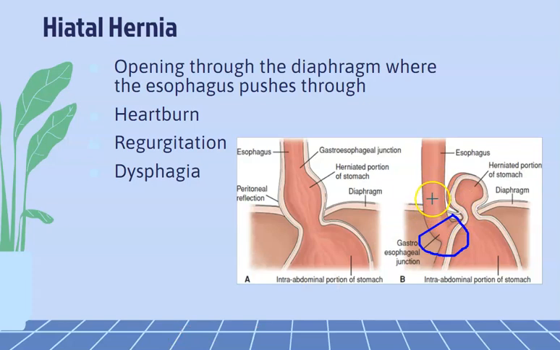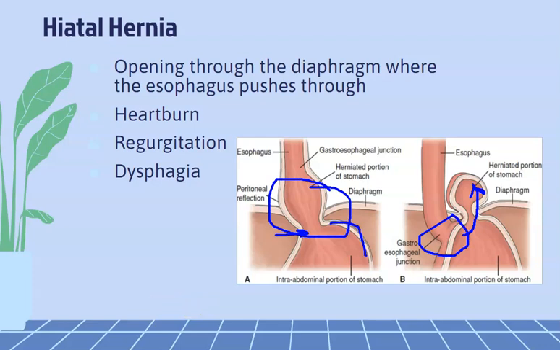So in the paraesophageal hernia, that junction is intact, but the outpouching happens right next to it. In the sliding esophageal hernia, this part of the stomach is intact. The gastroesophageal junction is right here, and it's really that upper part that slides in and out of the thorax.